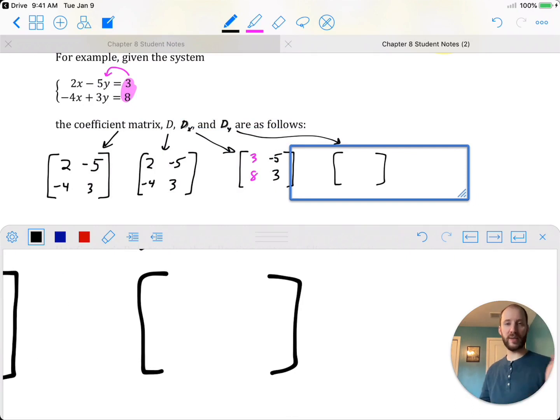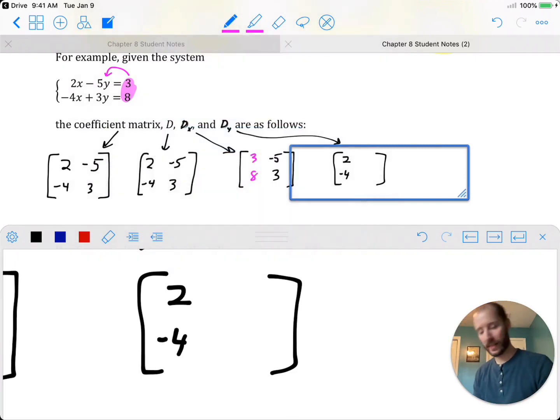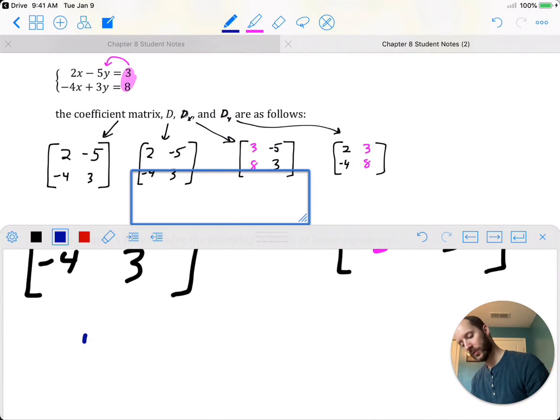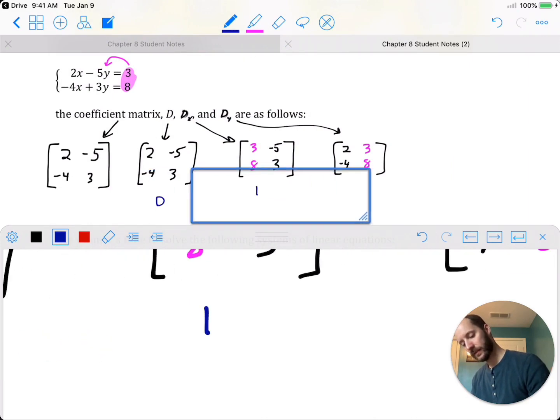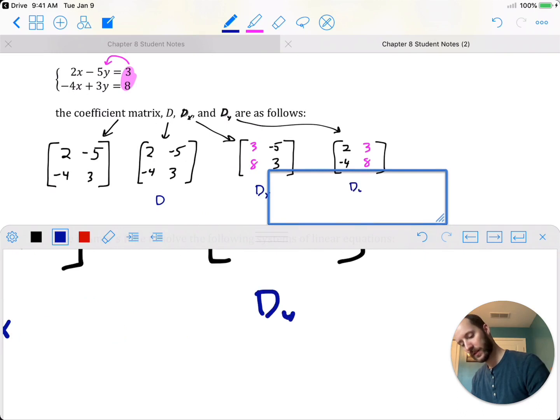So for D sub y, the x column is the same as the D matrix, but then the y column is your constants, 3 and 8. So D, D sub x, D sub y, and of course this could be replicated if there's a z or a w or any other number of variables.